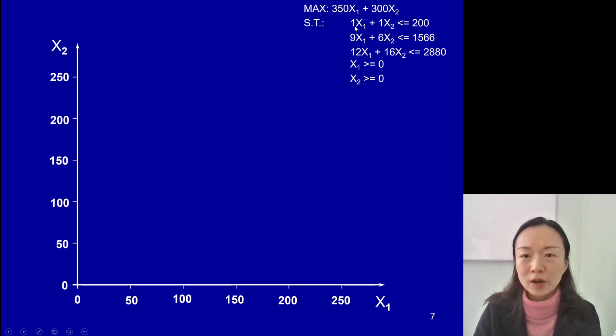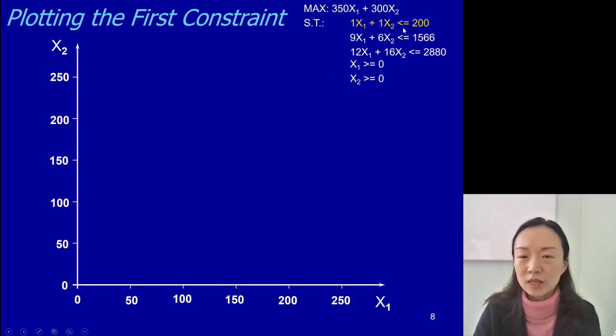For x1 plus x2 less than or equal to 200, we would first convert this constraint into an equation. Instead of less than or equal to, let's just put it as an equation. Then we find the 2 points that define this line. Setting x1 to 0, what will be the x2 value?